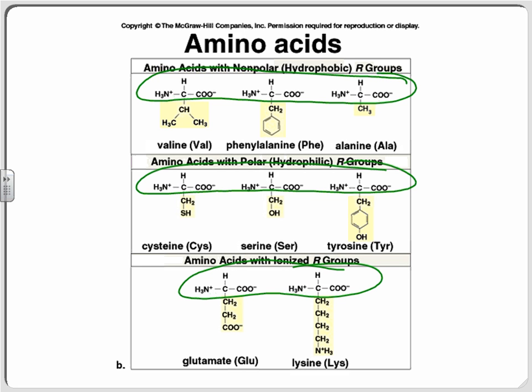What's that functional group right there called? Hydroxyl group. If it's attached to something, that something that it's attached to is more than likely going to be a polar kind of thing. Let's talk about why that's important. Let's say that this amino acid right here, this black one, is one of these hydrophobic amino acids. That was the first one in the chain.